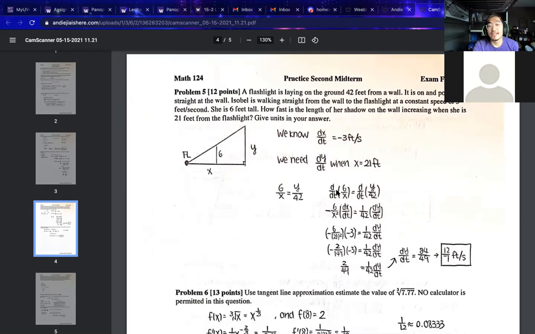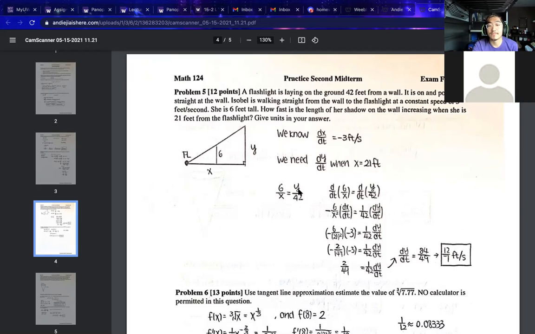You need to compute the derivative with respect to t to get dx/dt. The derivative of this is 6x to the power of negative 2, and don't forget the sign, it is negative, times dx/dt, and then you get dy/dt.